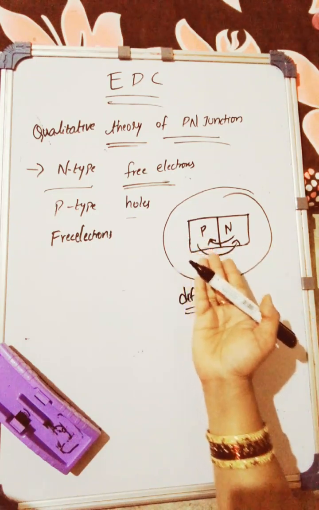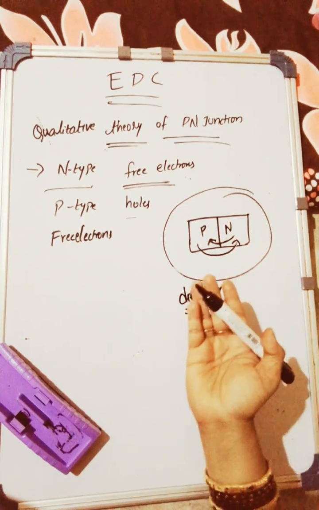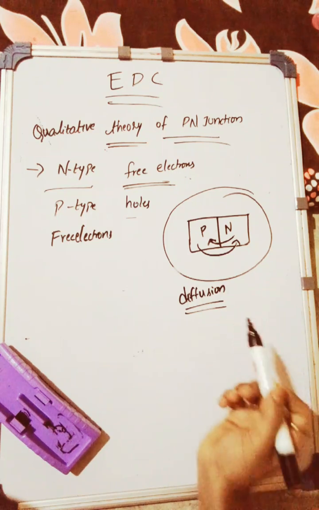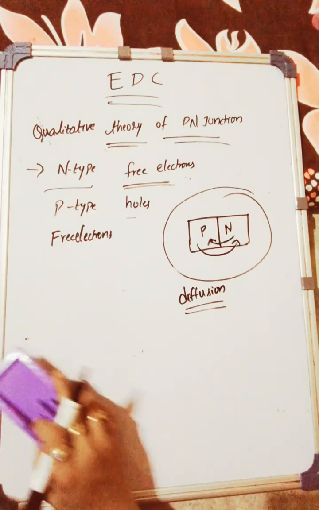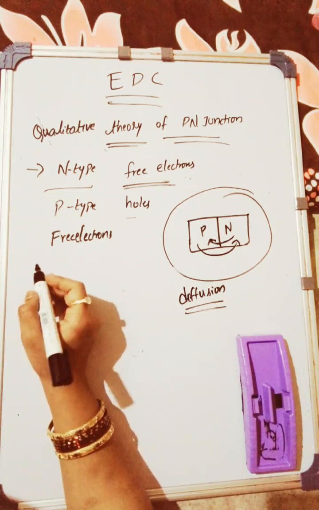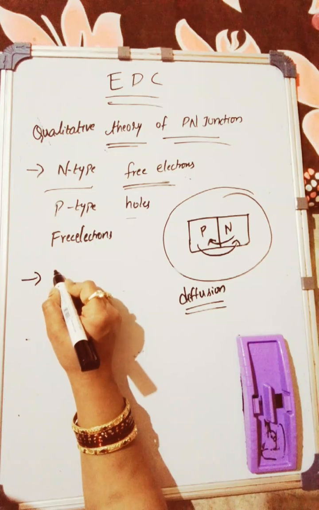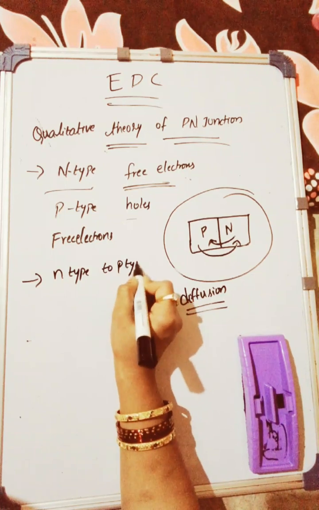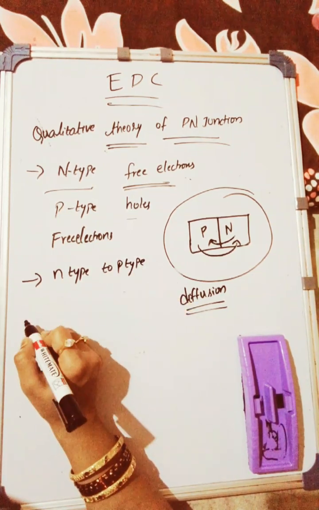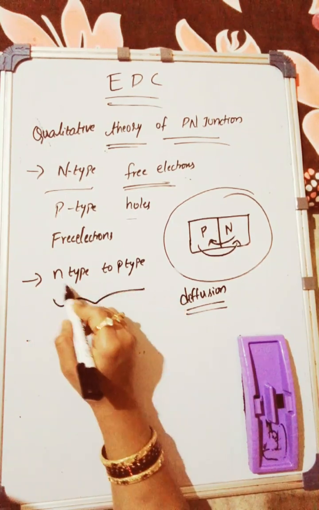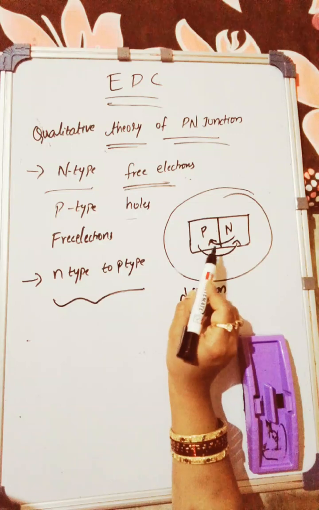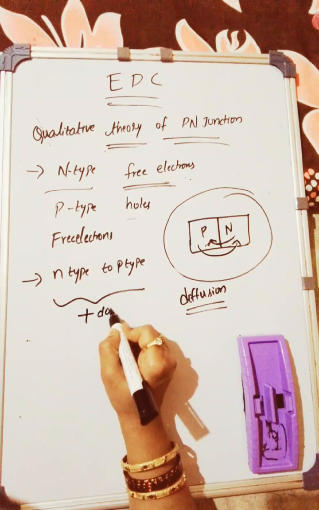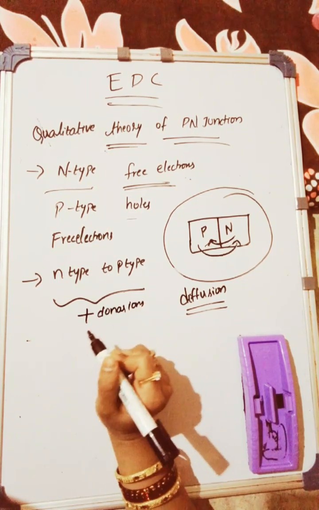Let us see: as the free electrons move across the junction from n-type to p-type, the positive donor ions are uncovered.